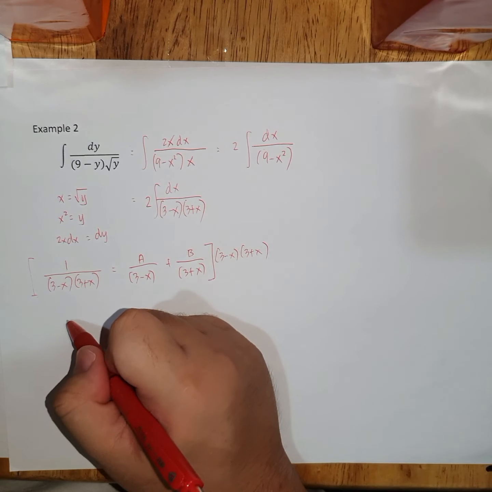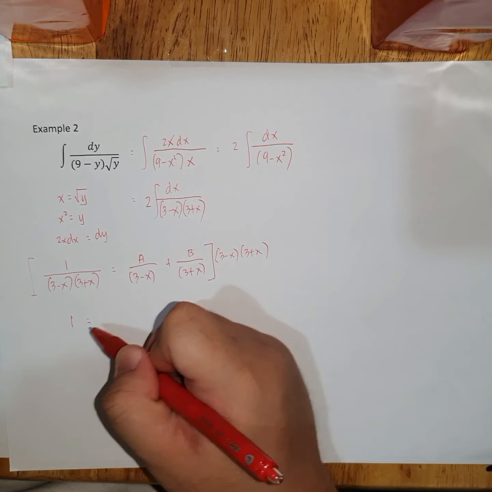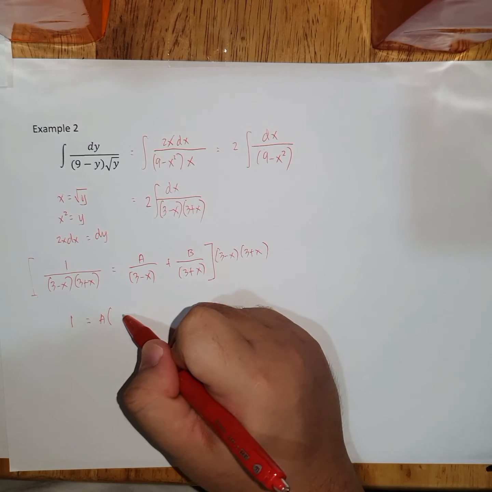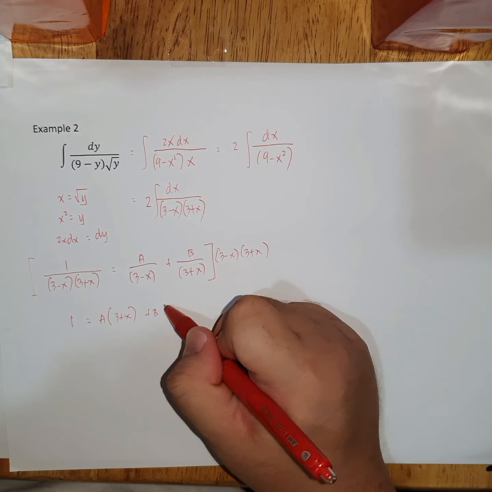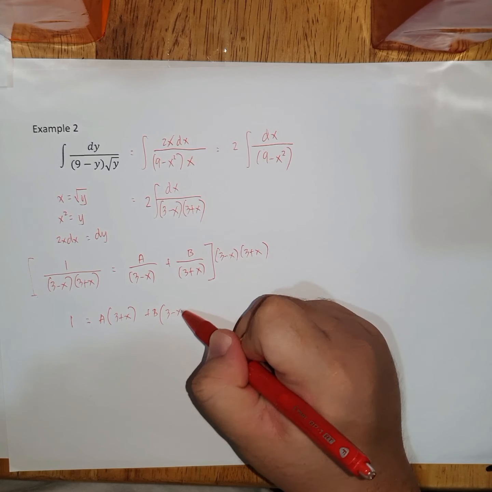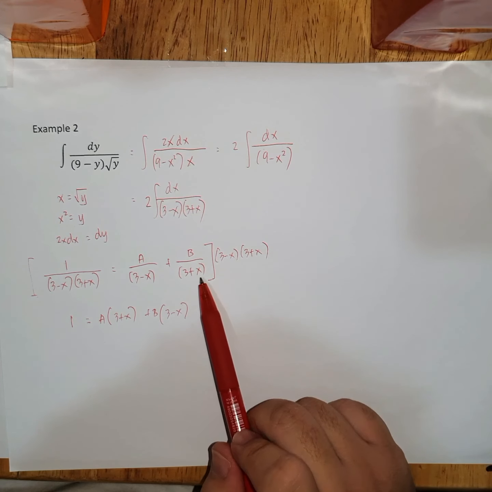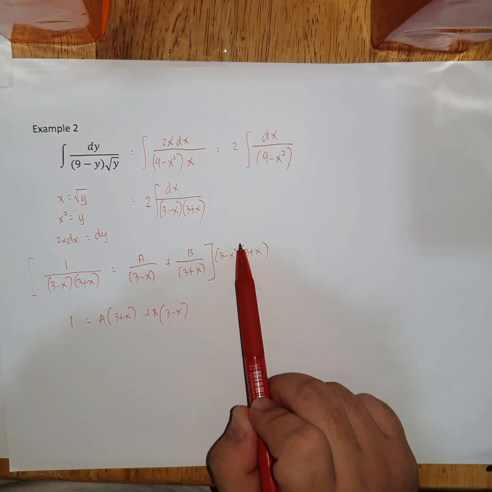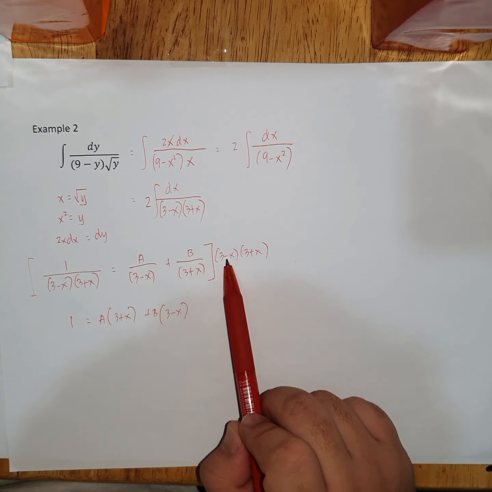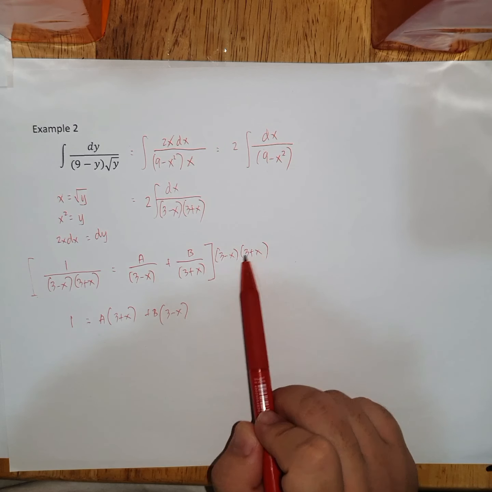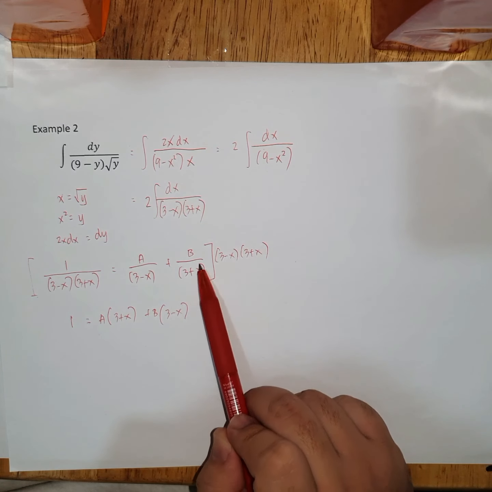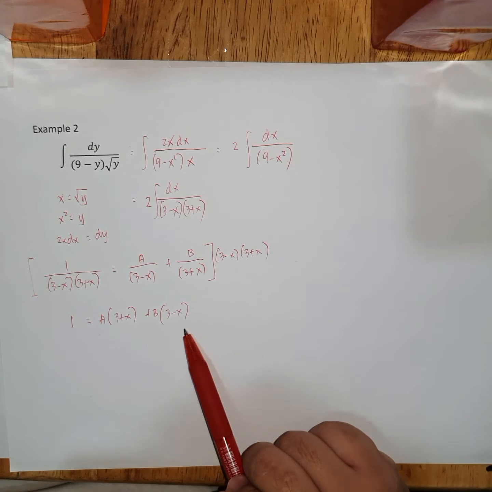So 1 equals a times 3 plus x, plus b times 3 minus x. For those who are confused, when you multiply b by 3 minus x times 3 plus x, the 3 plus x is common in the numerator and denominator, so it cancels out, and this is what remains.